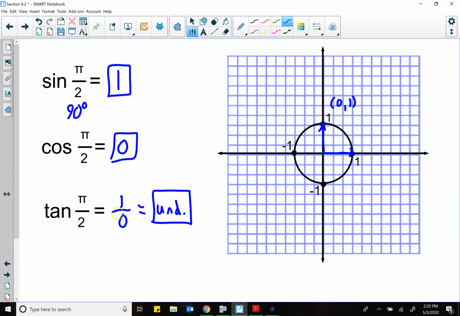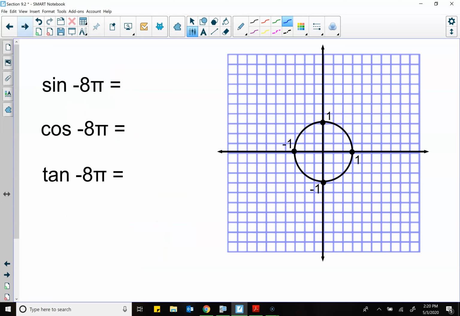So if you have 0 in the denominator, your answer is undefined. Be careful with that, because there's a difference between 0 and undefined. Okay? So anytime you have a number over 0, kick out the word undefined. That's what they want. All right, easy peasy, right? Do it again.